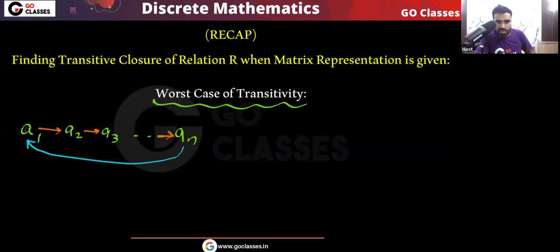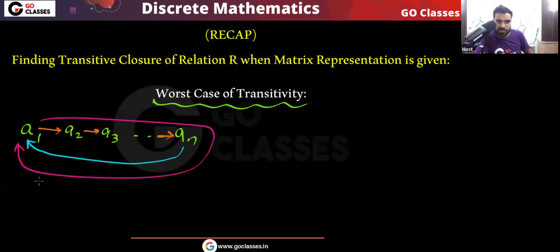You understood the point that this is the worst case of transitivity, means a1 related to a1.